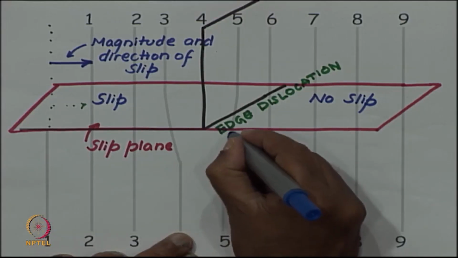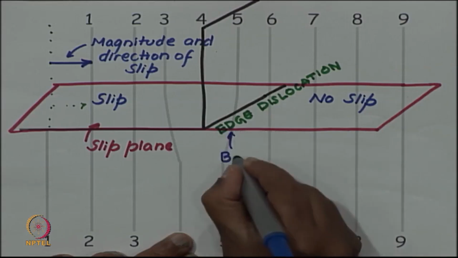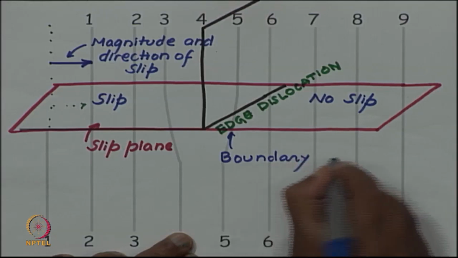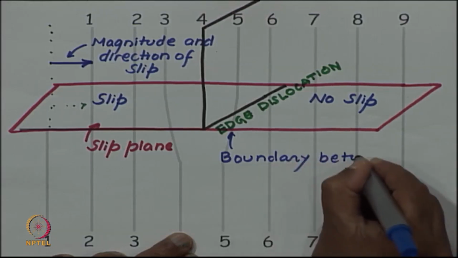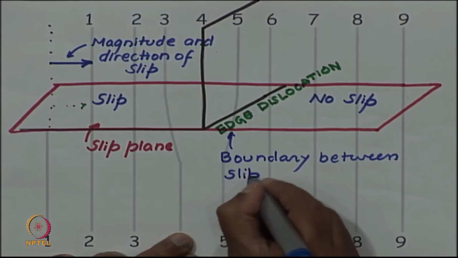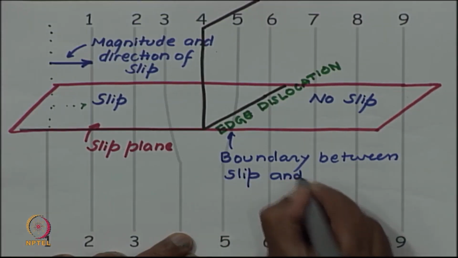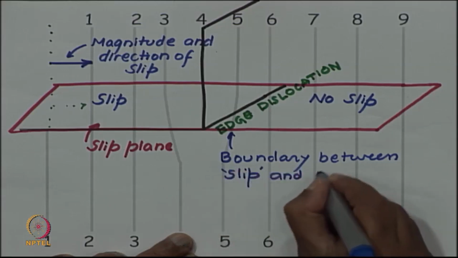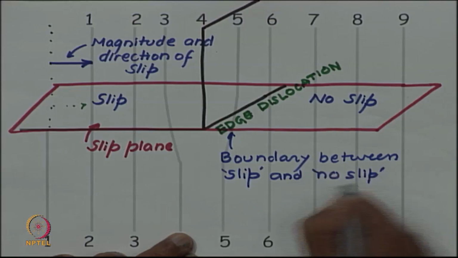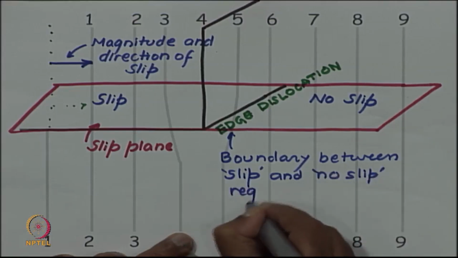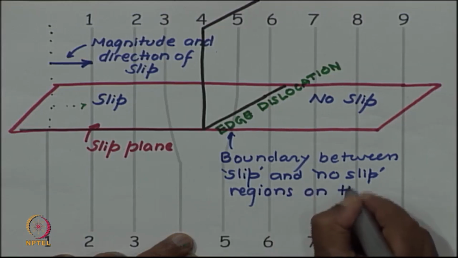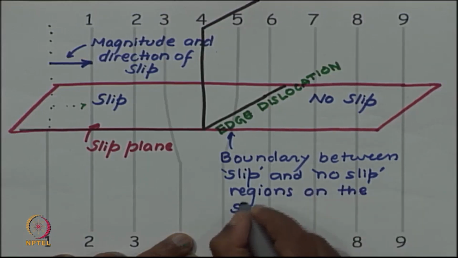So, this edge dislocation is the boundary between slip and no slip regions on the slip plane.